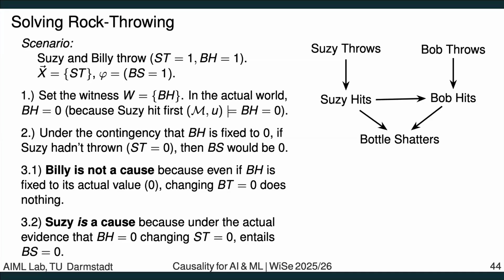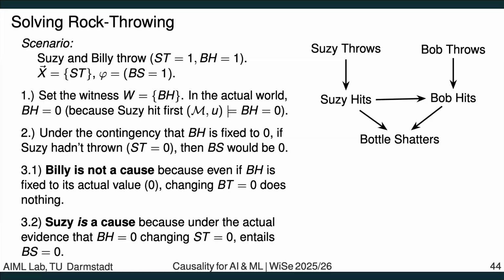Because I could have marginalized out Susie hitting and Bob hitting, which would leave me with: whenever Susie throws, the bottle shatters; whenever Bob throws, the bottle shatters. But I don't have these intermediate factors anymore. It would simplify, but I wouldn't be able to distinguish Susie and Bob throwing in this actual causality framework, because I can't condition on these intermediate factors.